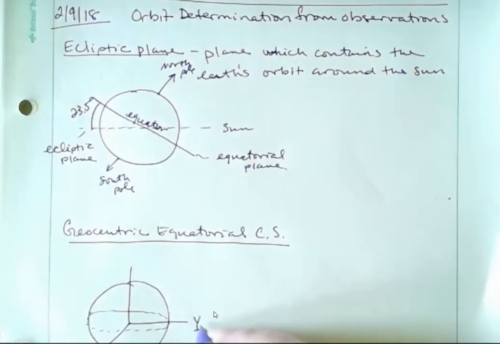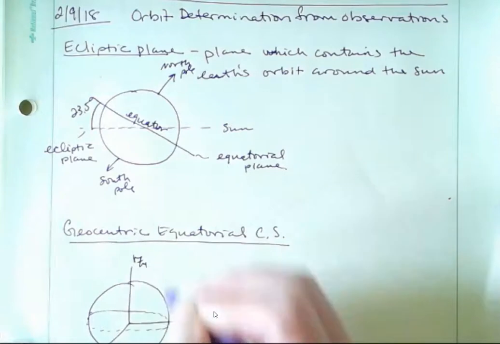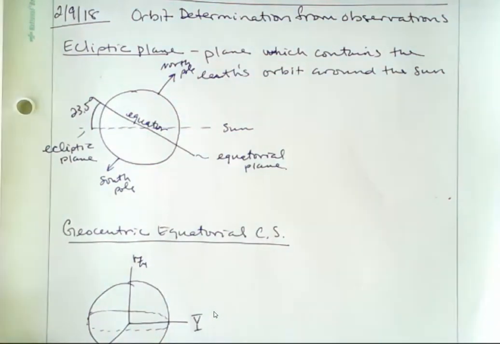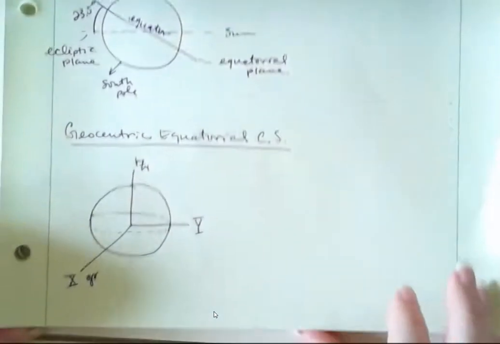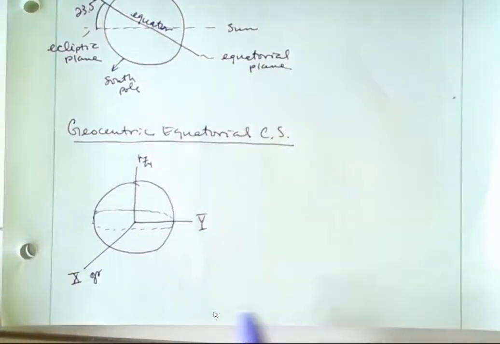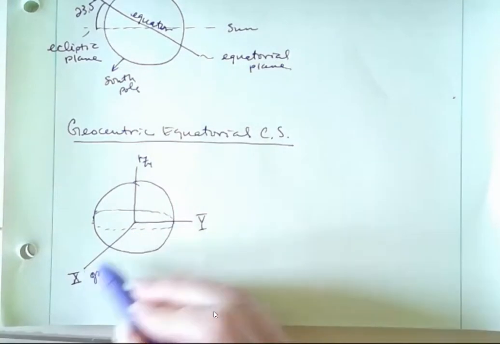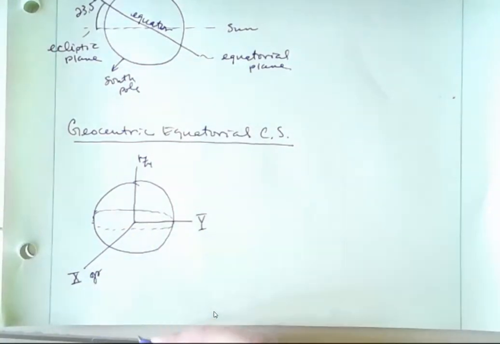So we got capital X, we got capital Y, and then we got this capital Z. And this sometimes is denoted with this little ram's head. You guys can't see it. There you go. And that's because this x-axis used to be defined by pointing to Aries. And that's what that symbol there means.